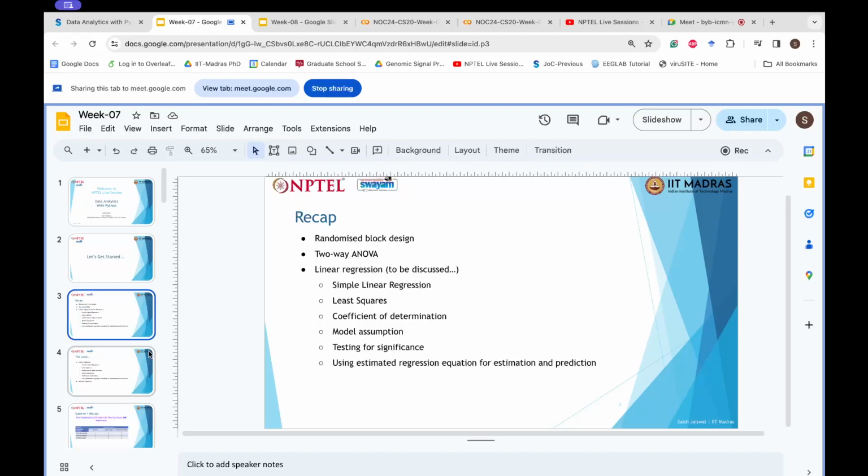Given the data points, we were trying to find a linear curve that fits the best, and then using any unknown value we can estimate or predict the corresponding dependent value for that variable.